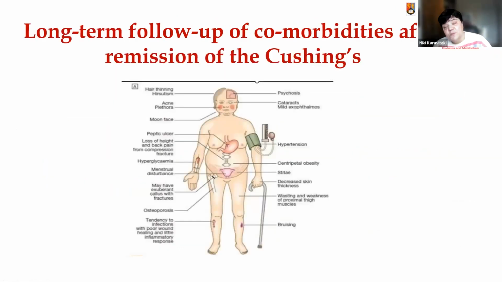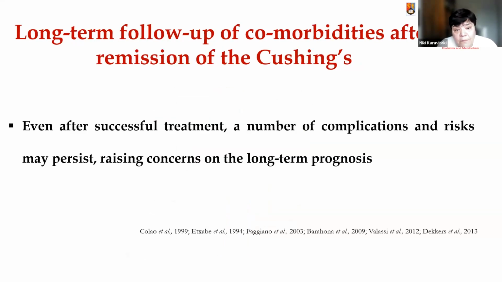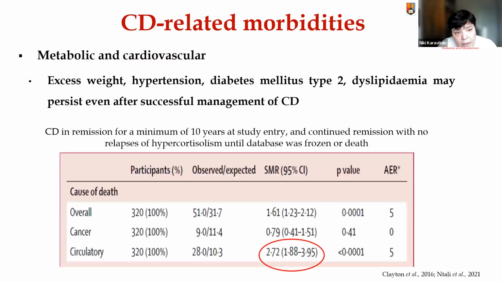And speaking of morbidities, what happens in the long term about comorbidities after remission of the Cushing's? It is unfortunately well known that even after successful treatment, a number of complications and risks may persist, and this raises concerns on the long-term prognosis of the patients.